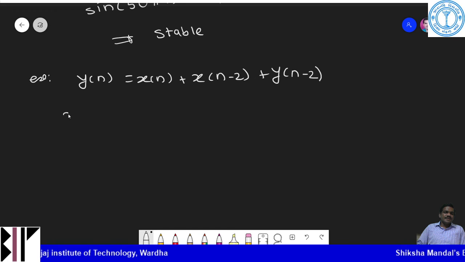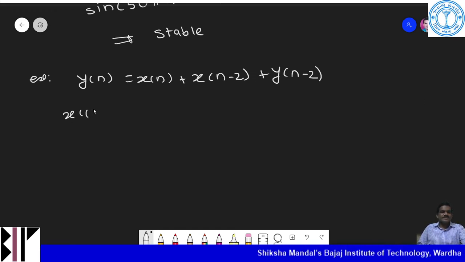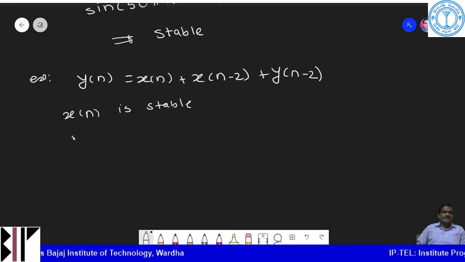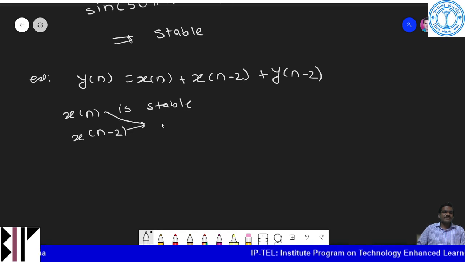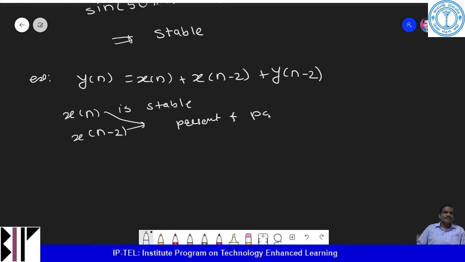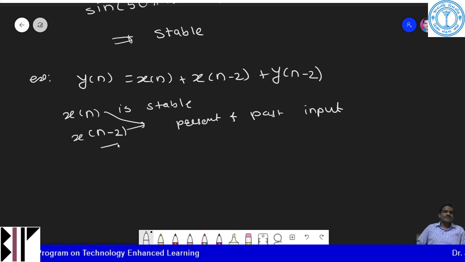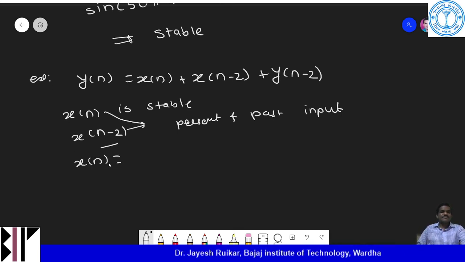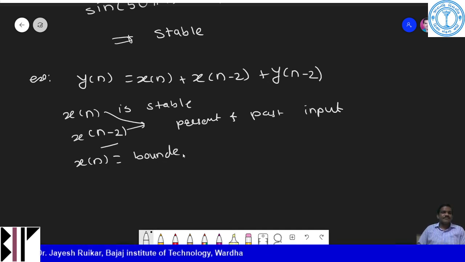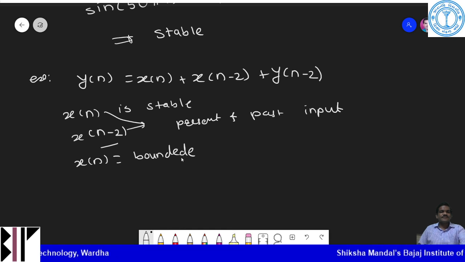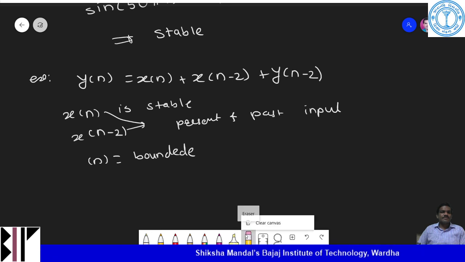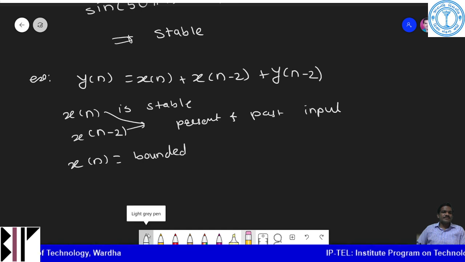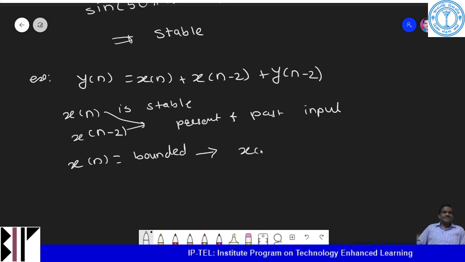You can see that x(n) and x(n-2) are the present and past inputs. If x(n) is bounded, then x(n-2) is also bounded.